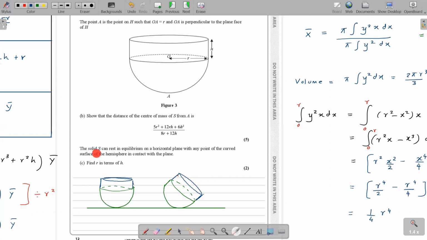They say the solid disk can rest in equilibrium on a horizontal plane with any point of the curved surface of the hemisphere in contact with the plane. So if you keep it like this, it will stay here. Even if you keep it the other way, it will still stay, whatever the position you keep it.